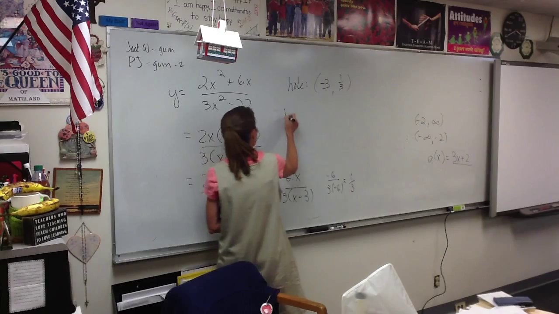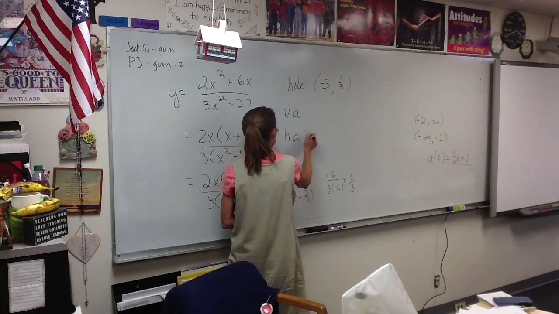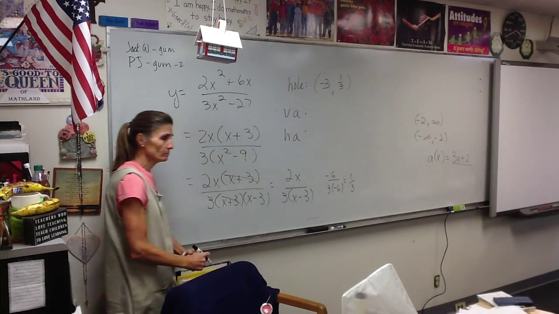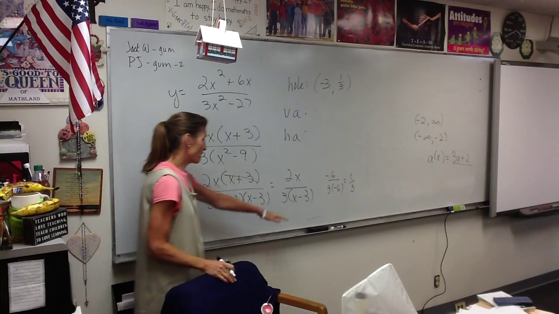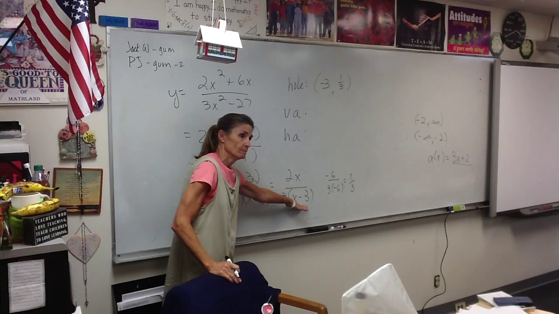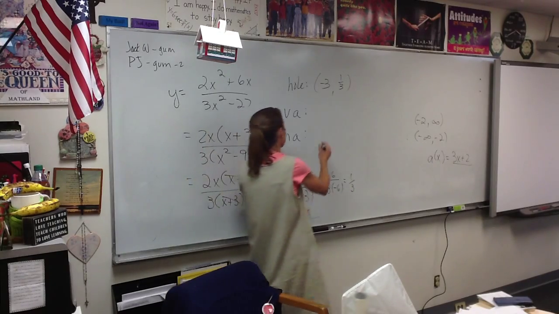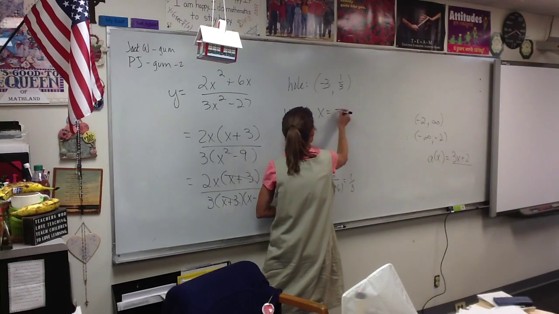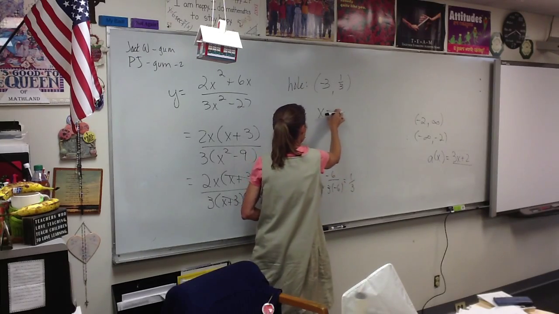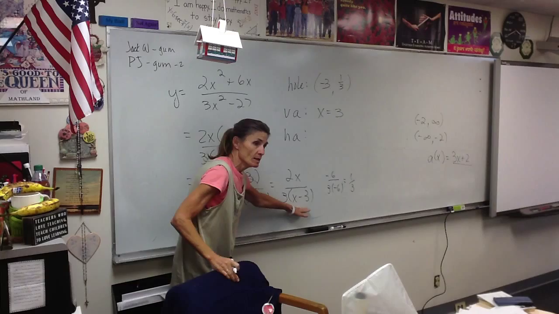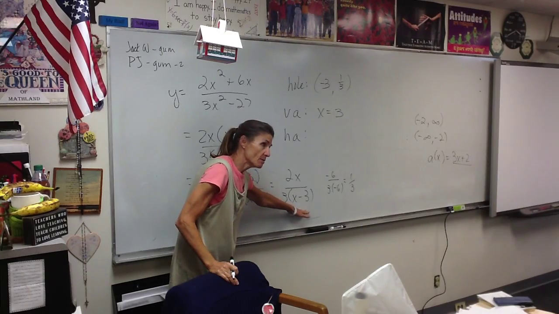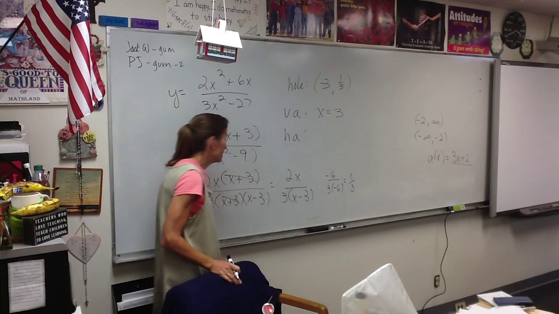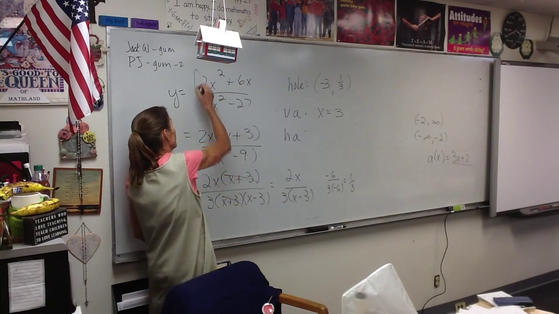Do I have a vertical asymptote and a horizontal asymptote? I do. Where is my vertical asymptote? X equals 3. Where do vertical asymptotes come from? Denominator equals 0. Wouldn't 3 make that 0? Okay. Let's look back at the original problem.